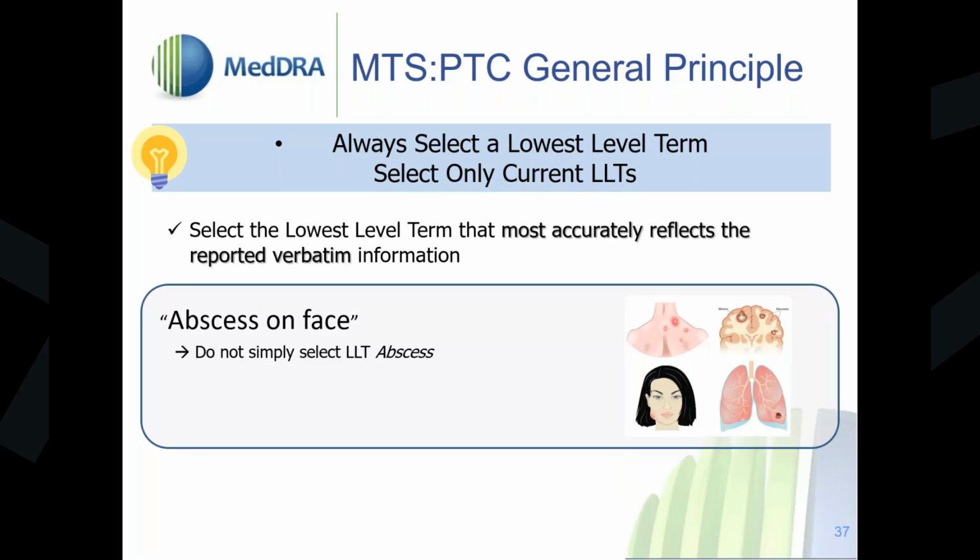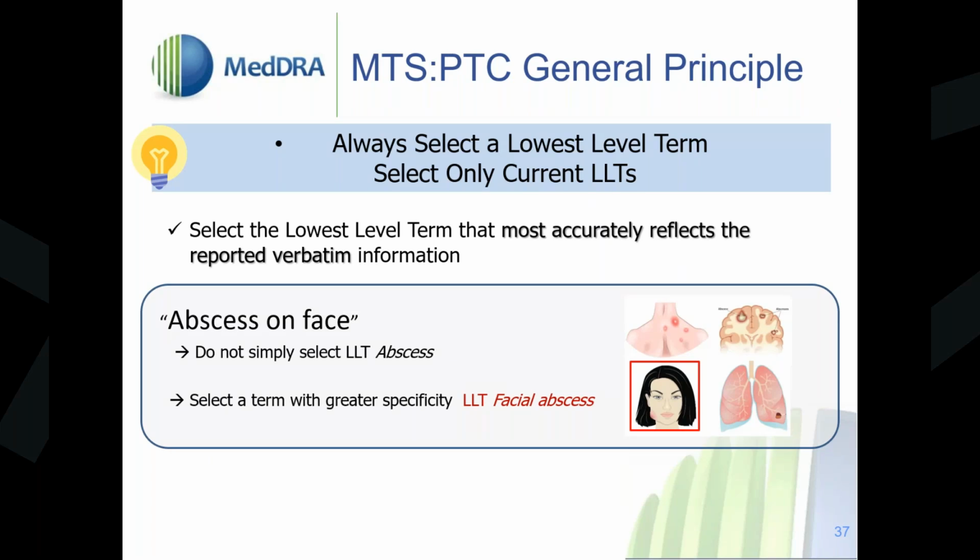So in this example, if you have an abscess on the face, even though the words abscess on face itself are not directly in MedDRA, we do have facial abscess. That also gives you another hint that when you're coding in MedDRA and when you're looking for terms in MedDRA, if you don't find the full word, you can use parts of the word or roots of the word.